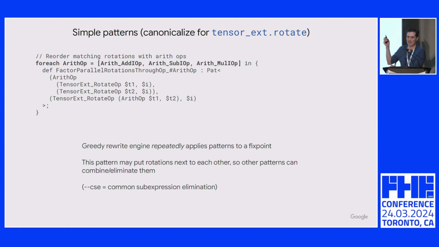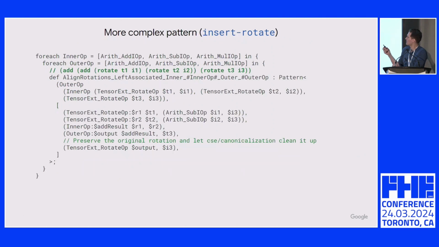And the point is that as an output of one application of this pattern, you might have 2 rotates that weren't next to each other before, but now they are. So the previous pattern would apply, and you put all these patterns into what they call the greedy rewrite engine, and it will just look for opportunities to apply the patterns until it reaches a fixed point. There's a lot of benefit you get from naively applying a bunch of these local patterns.